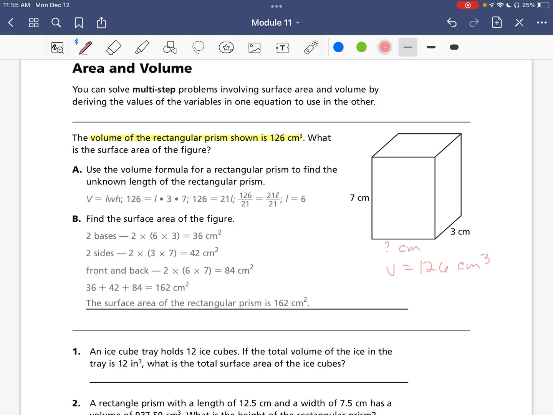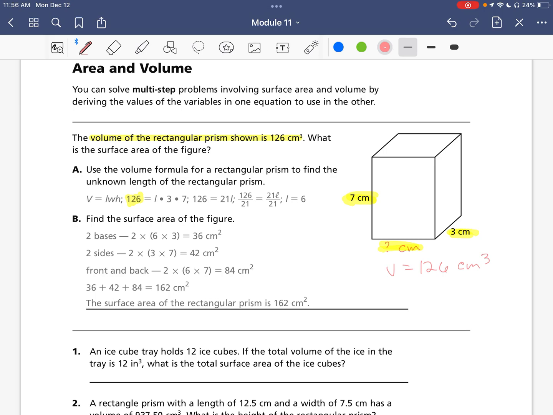So we first need to use the volume formula for a rectangular prism to find the unknown length of the rectangular prism. So we know that volume equals length times width times height, or well, they can be interchangeable, commutative property. And we have our 126, so we're plugging that in for our volume, equals L times 3 times 7.